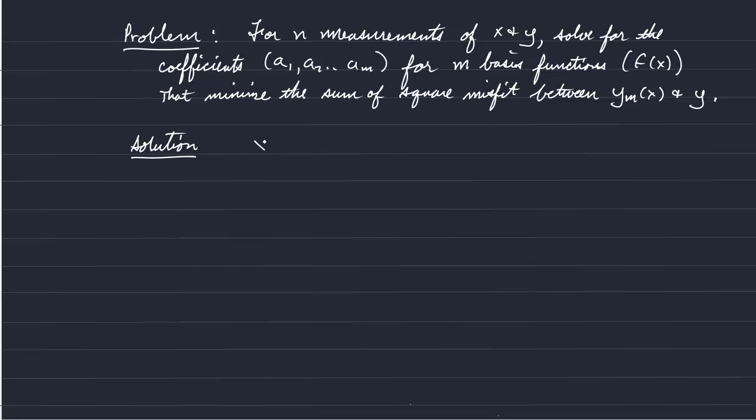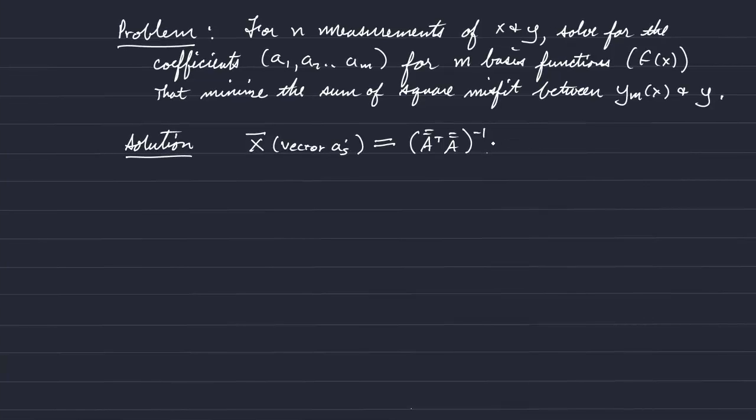So if our vector of coefficients is x, again, that's what we're seeking to solve for, the answer is that those coefficients are equal to a matrix equation written as the inverse of A transpose A, times A transpose times B, where B is our vector of y's.